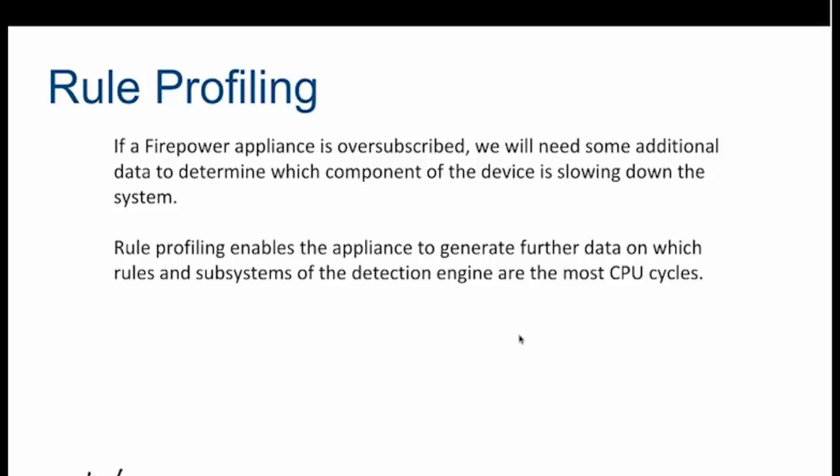The CPU cycles are given to the snort engine. If a component in snort is using more CPU cycles than others, but that component is not supposed to take that many CPU cycles, we can determine which component has a wrong configuration or issue. So we can optimize on that basis.